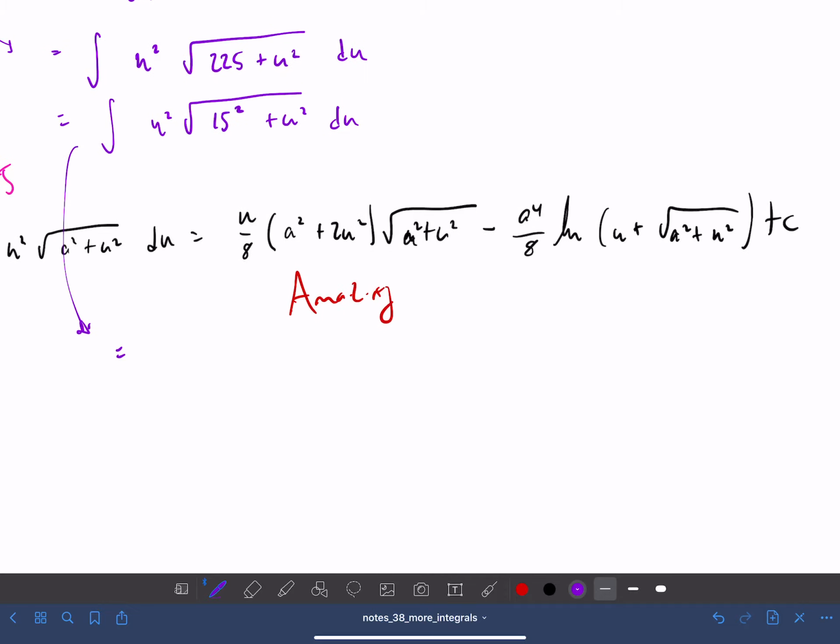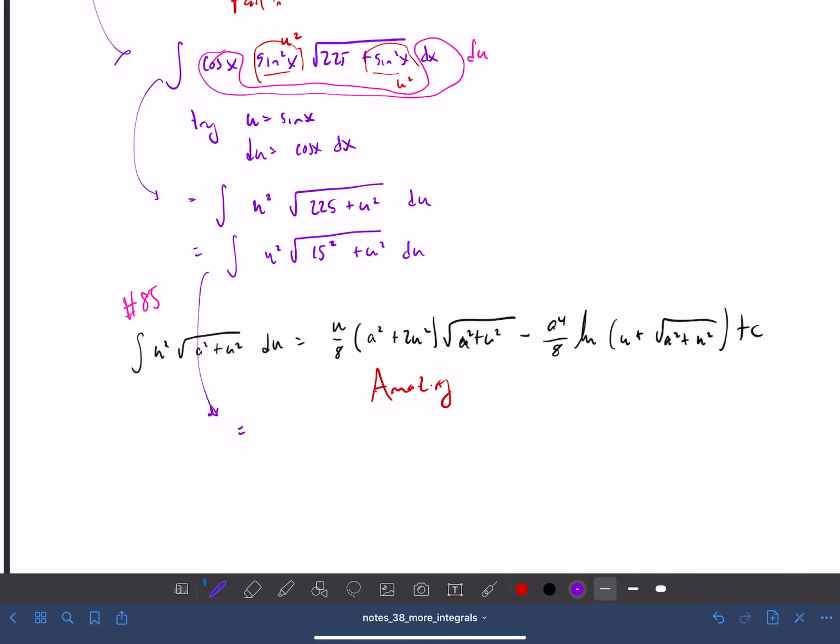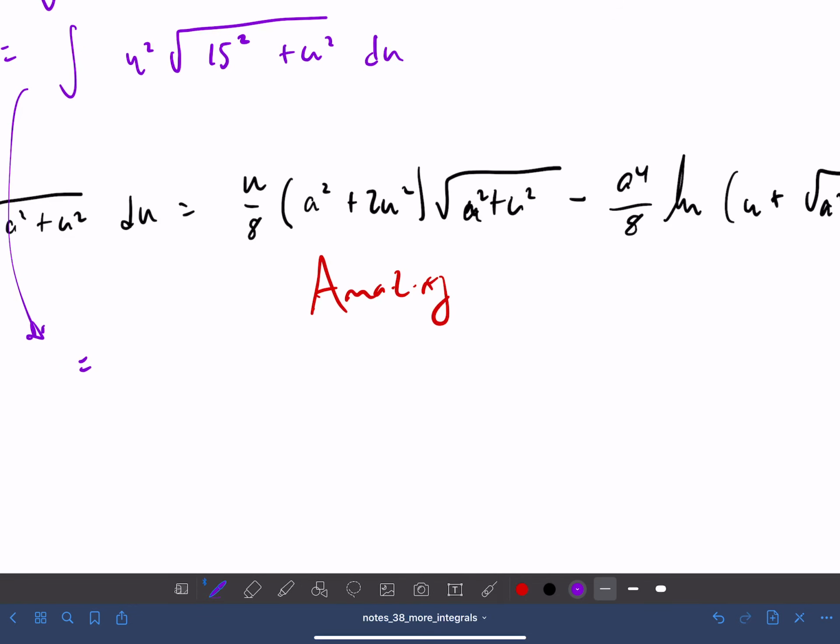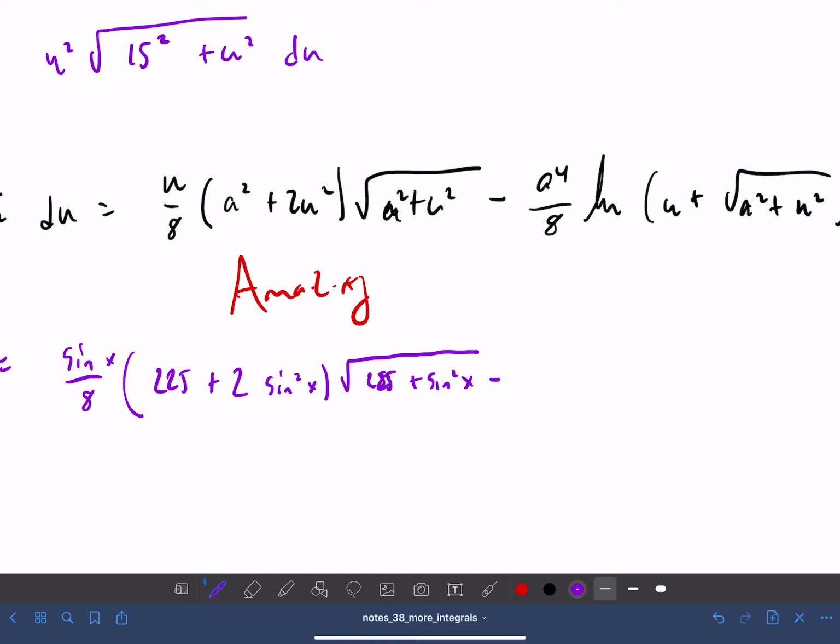Equals u over 8. Okay, so what's u again? u is sine x. So sine x over 8 times 15 squared. How about I just write 225, okay? Plus 2 times sine squared of x times the square root of 225 plus sine squared of x, minus 225 squared.